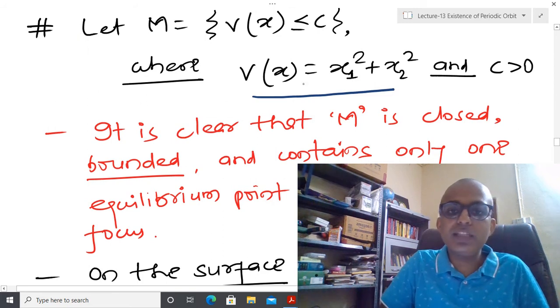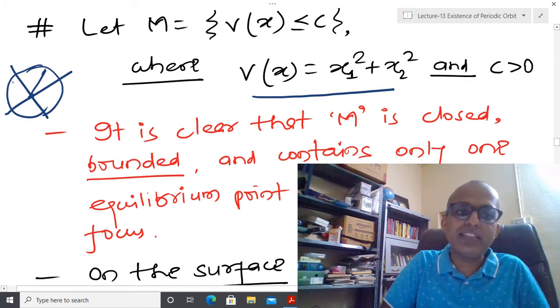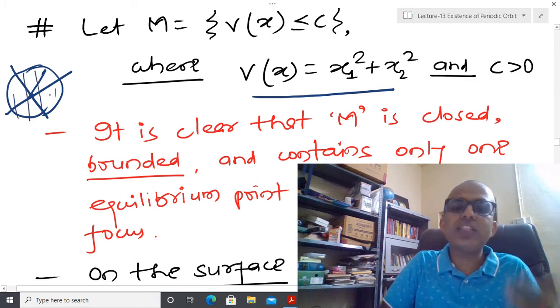In the two-dimensional plane, this is my unstable equilibrium point, and after that I have constructed a circle. So this circle is closed and bounded. The whole region is closed, bounded, and contains only one equilibrium point, and that equilibrium point is unstable.